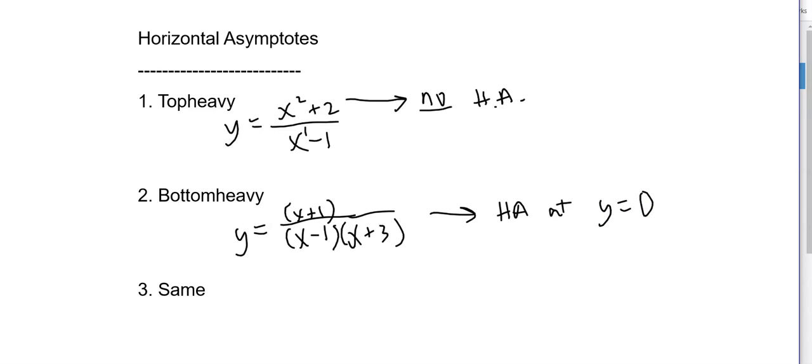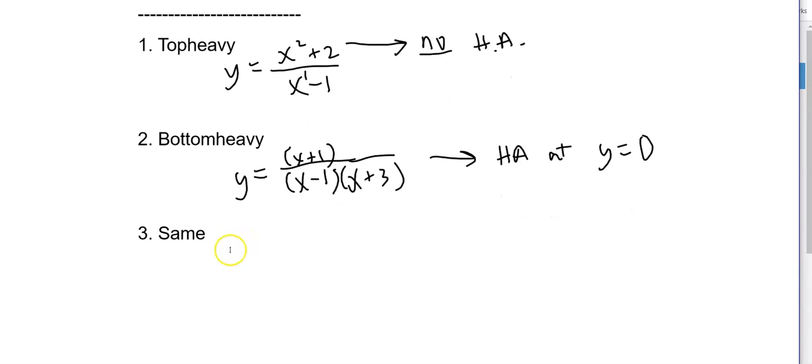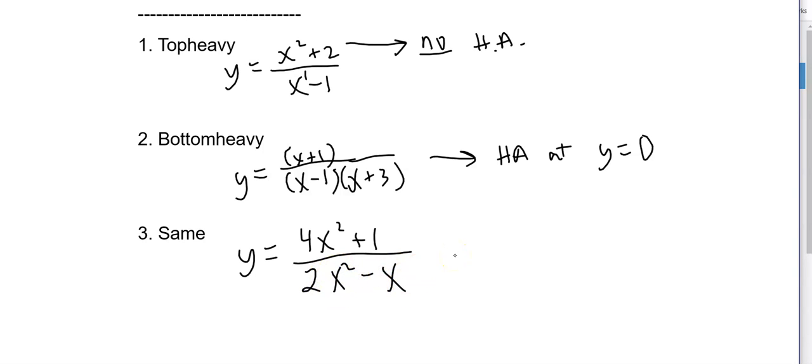And the third case, which is kind of an interesting case, is when it's the same degree. So let's say you had something like y equals 4x squared plus 1 over 2x squared minus x. So the degree on top is the same as on the bottom. So when it's the same, there will be a horizontal asymptote at the ratio of the coefficients.